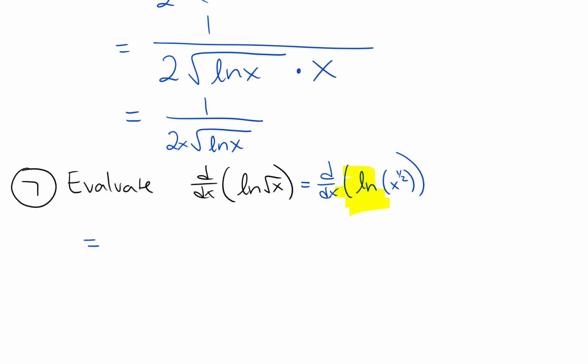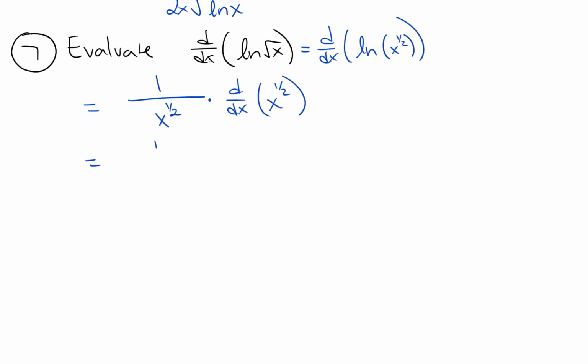So I'm taking the derivative of the natural log portion first, which my rule is 1 over whatever is inside of my natural log. Then I take the derivative of the inside expression. Evaluating that derivative, this 1 over x to the 1/2 stays.